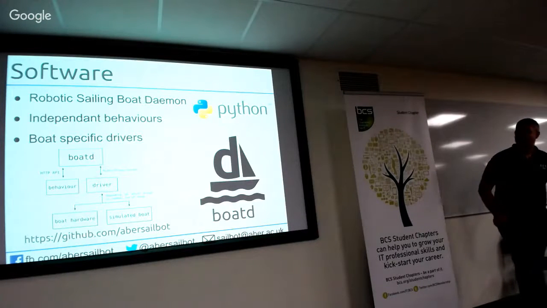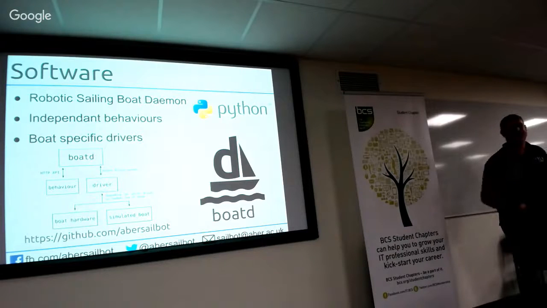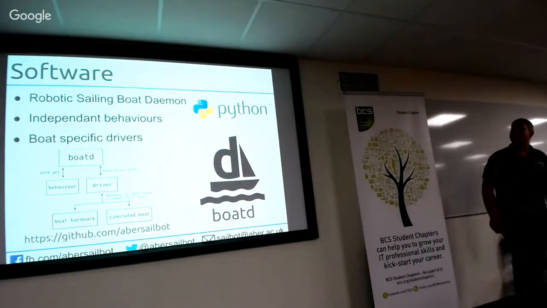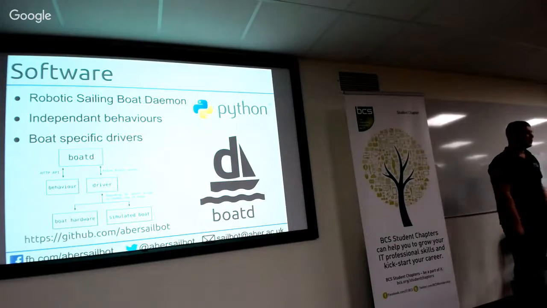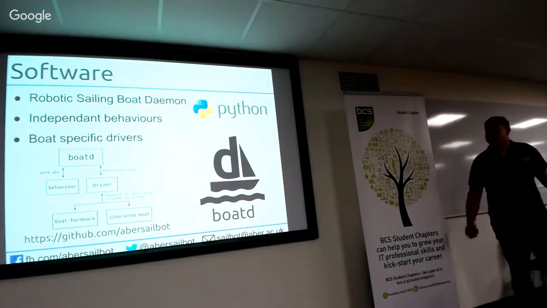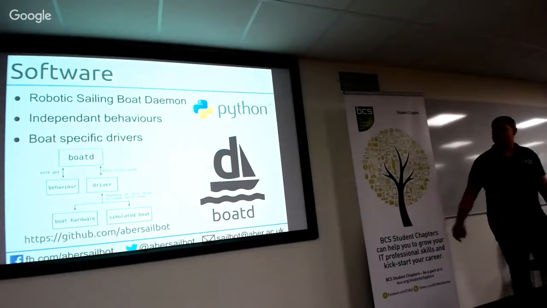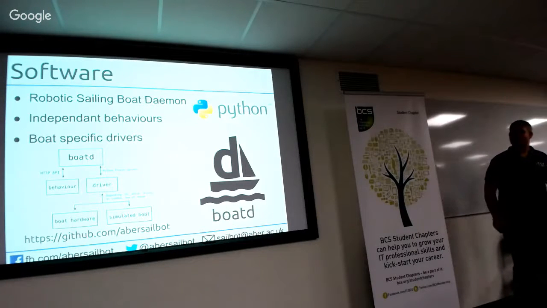Then we've got the behaviors, which are completely separate. You run a behavior into BoatD, and BoatD sends those out to the Arduino to control the servos. BoatD also has functions like great circle calculations, so we don't have to do that in all our behavior calculations.